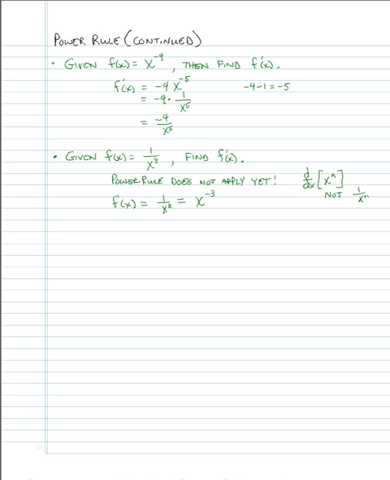And that looks more like what we had up above. And now the power rule applies. See, that's the important part. Now the power rule applies because we simply have x to a power.